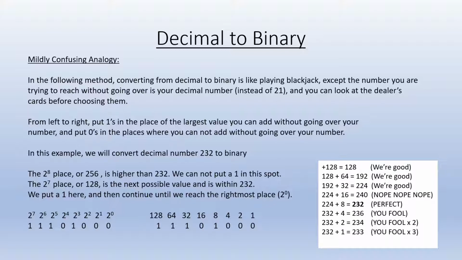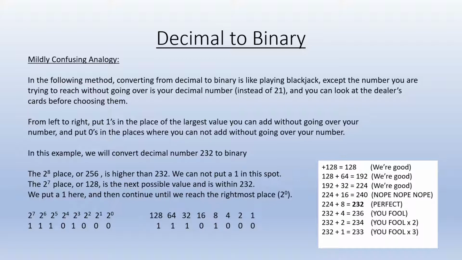And from left to right, you're going to put ones in the place of the largest value you can add or take without going over your number, and put zeros in the places where you cannot add a value without going over your number, which is basically where you can't take that card.